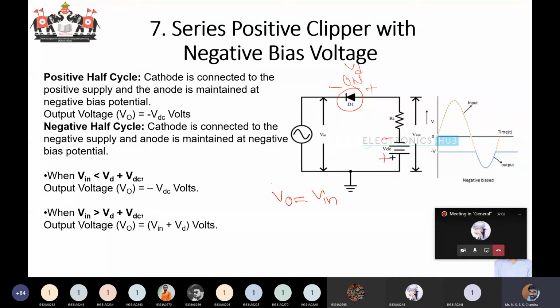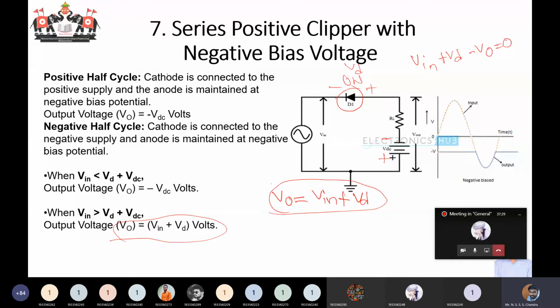Minus to plus, it is plus, a rise in voltage. If you have any doubt, you can directly go with the KVL again. V in plus VD equal to 0, so you'll be getting V0 equal to V in plus VD. That's what you're getting over here.